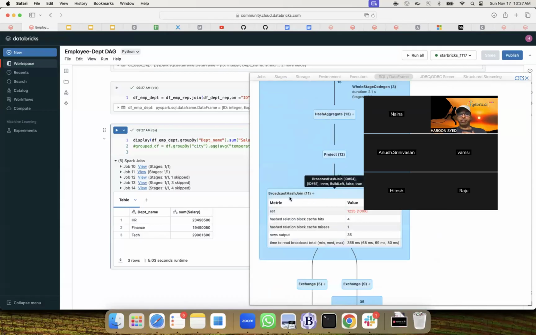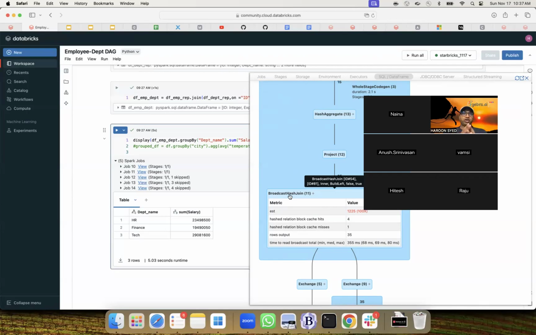So it does a broadcast hash join between these two tables, between the department and employee tables. So what does broadcast hash join mean?